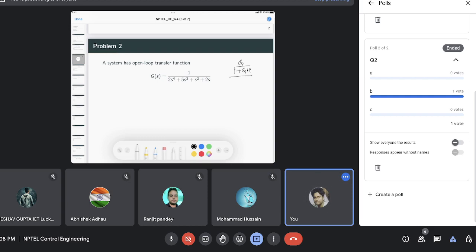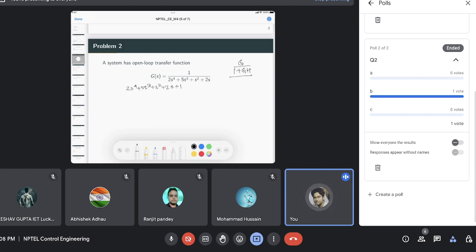So the characteristic equation you will get by equating the denominator equal to 0. That means you just have to equate 1 plus GH equal to 0, and H is 1, so you have just 1 plus G, right? Which is simply 2s^4 plus 5s^3 plus s^2 plus 2s plus 1.